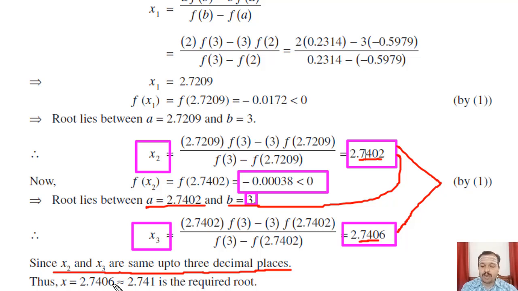When we round off, 6 is greater than 5, therefore this number is to be increased by 1. So 0 is to be made 1 because we want to stop at the third place. Therefore the final answer is 2.741. That is the required root of the given nonlinear transcendental equation by using the regula falsi method.